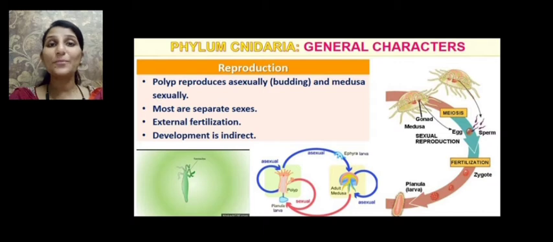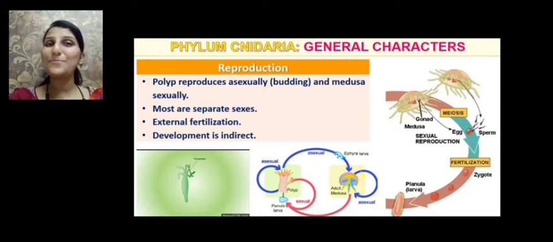So which form reproduces asexually? It is the polyp form, which is tubular in structure. We learned about the structure of Hydra in class 10. It is just like a tubular structure, and it is sedentary. It is not free swimming. It is an asexual form because it undergoes asexual reproduction by budding and forms a medusa.